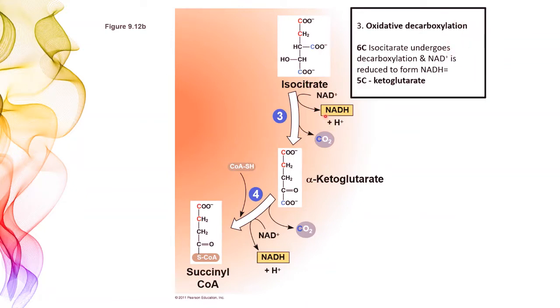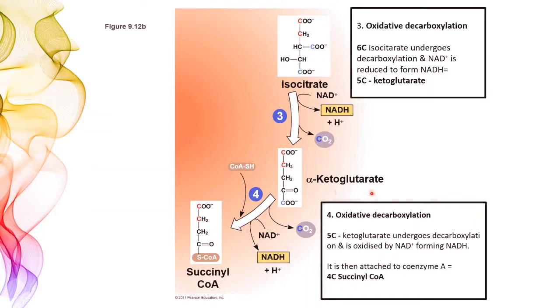Carboxyl group is removed from the isocitrate in the form of carbon dioxide, and at the same time NAD+ will come and receive electron and H+ from the isocitrate. The NAD+ will be reduced into NADH, and this will form 5-carbon ketoglutarate, alpha ketoglutarate.